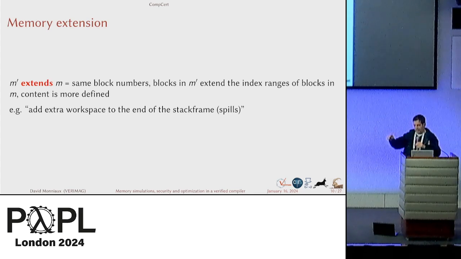They have more bytes. They have more space at the end. So, for instance, you may extend your stack frames. If you do a transformation pass that, for instance, needs to spill some values into the stack frame, then you can say, well, the stack frame after this pass is longer than the stack frame before this pass, and you stuff extra values at the end.